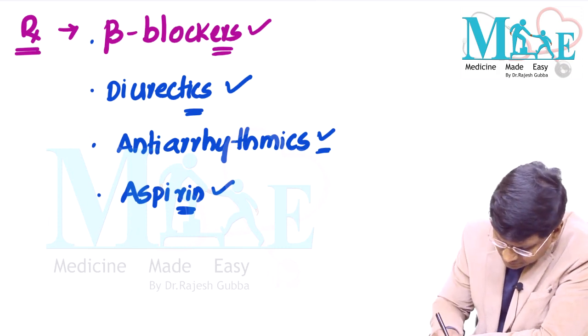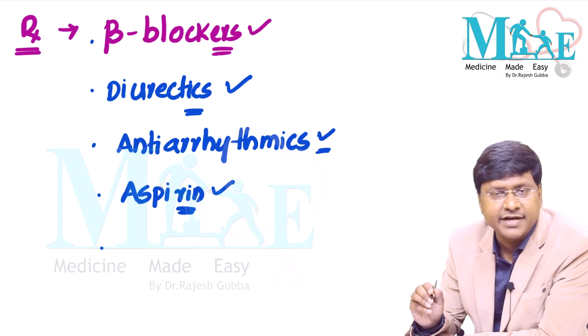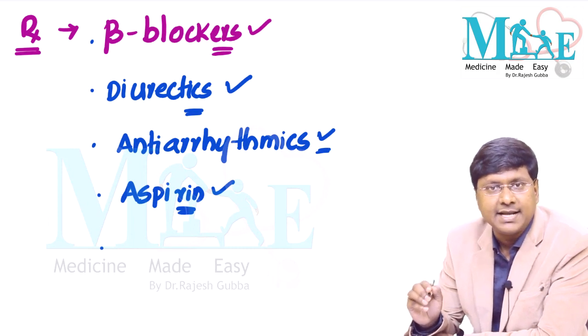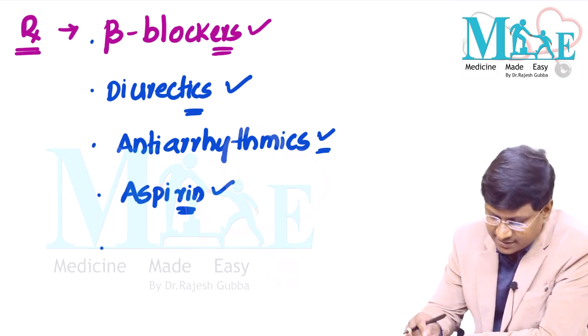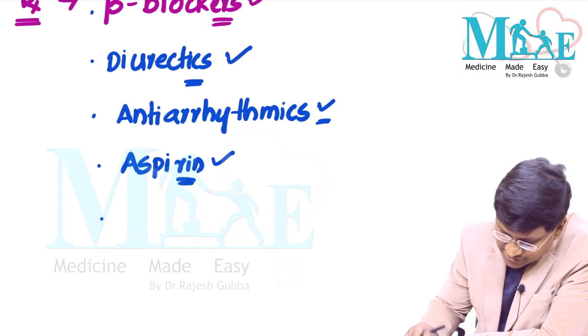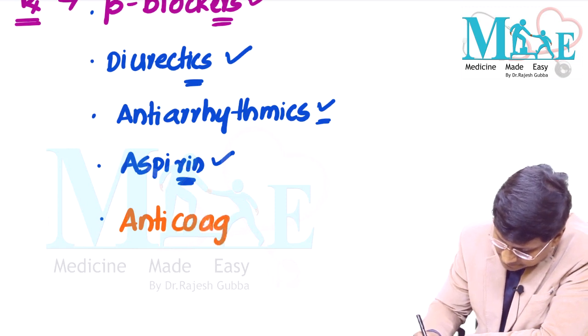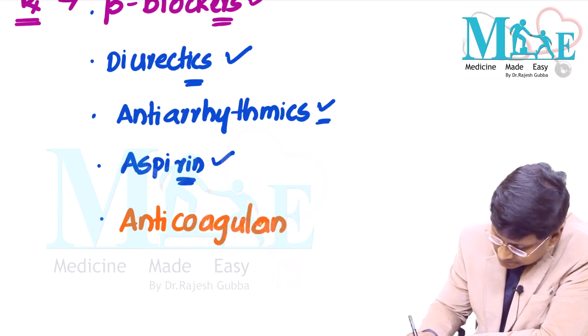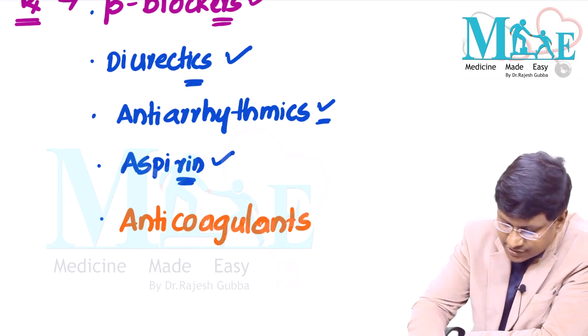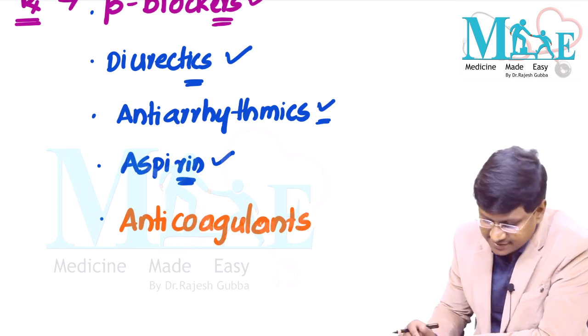Next, if there is significant atrial fibrillation in the individual and a clot has formed within the left atrium, in such a case you have to give even anticoagulants. Is that clear?